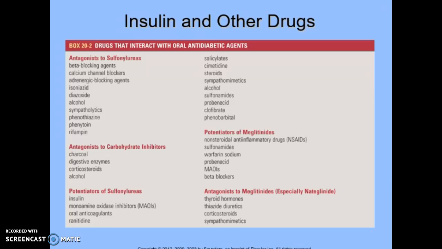Here in Box 22, we're looking at insulin and other drugs. Again, I know you can't see it that well on the screen. Maybe you can, I don't know. It's probably about the same size or bigger, but I just want you to make sure that you take the time to look at Box 22, the drugs that interact with oral anti-diabetic agents.